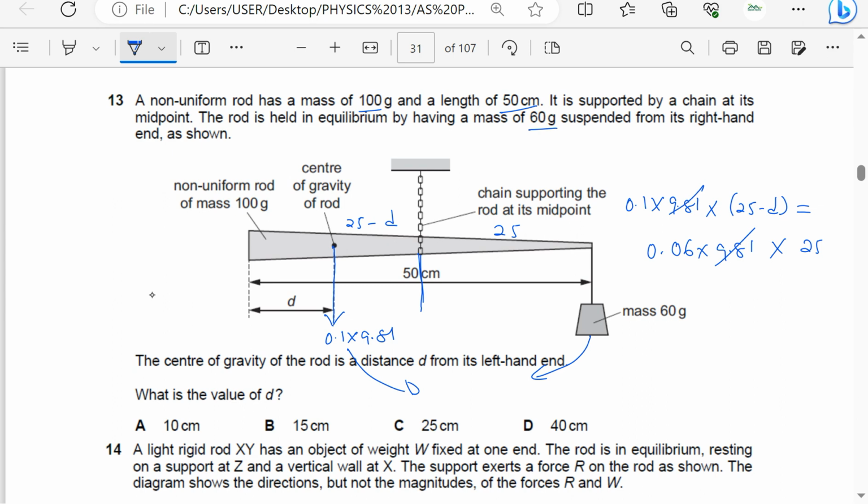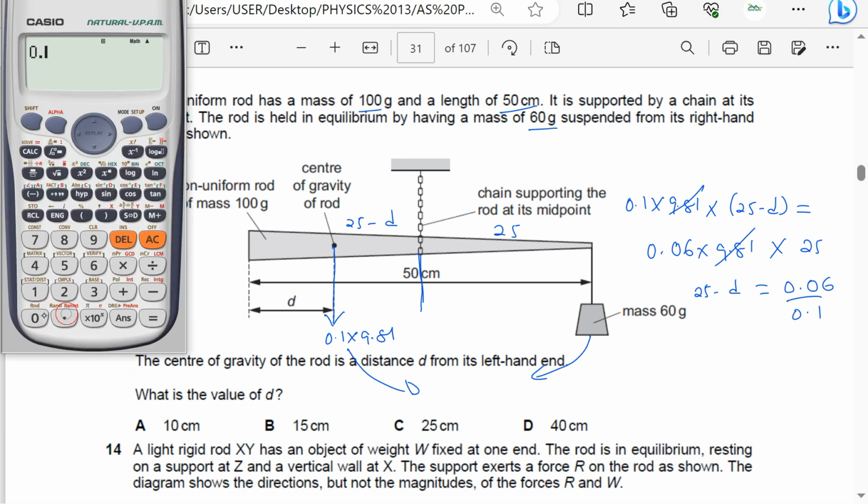So if I make d the subject, I have 25 minus d is equal to 0.06 divided by 0.1. So I'll just check with the calculator. 0.06 divided by 0.1, that is 0.6.